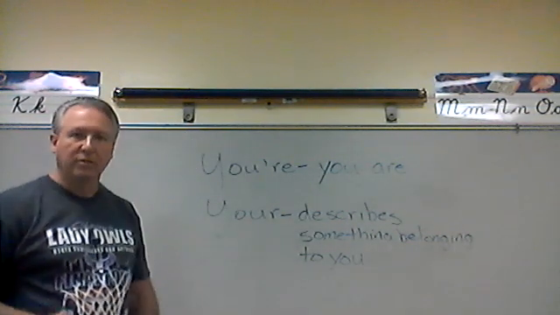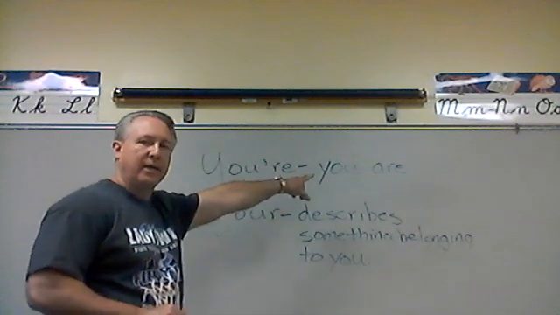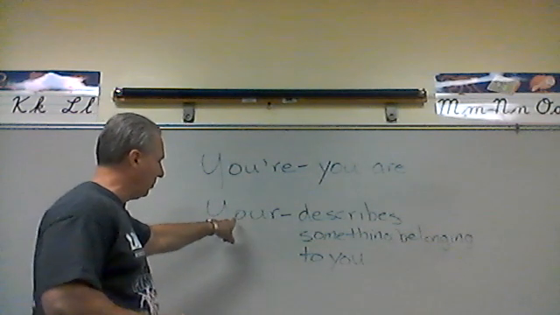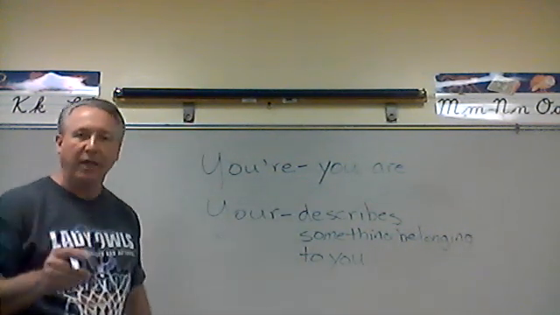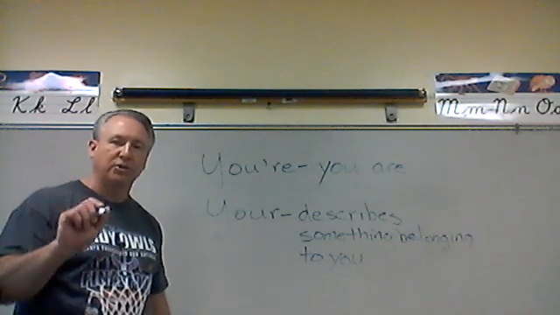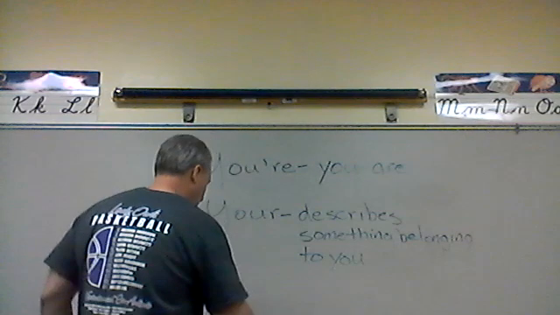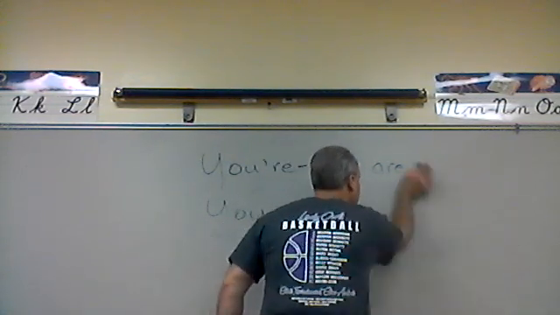So, you're, Y-O-U apostrophe R-E, means you are. It's the contraction for it. Your, Y-O-U-R, describes something belonging to you. It is your personal belonging. Let me give you a couple of sentences to show this. Give you an example.